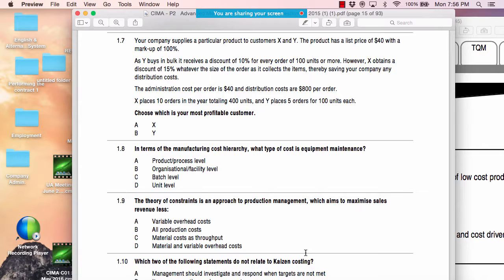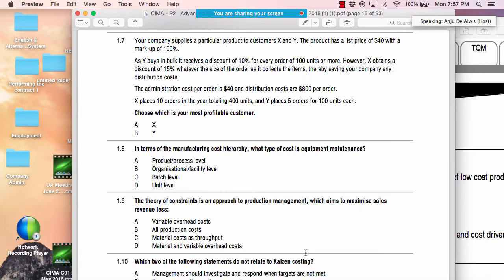Did you do that? I did the revenue, then less the discounts for both, and then X had administration costs. So what's your net revenue? My net revenue for X was 13,600 after discount, and for Y it was 18,000.